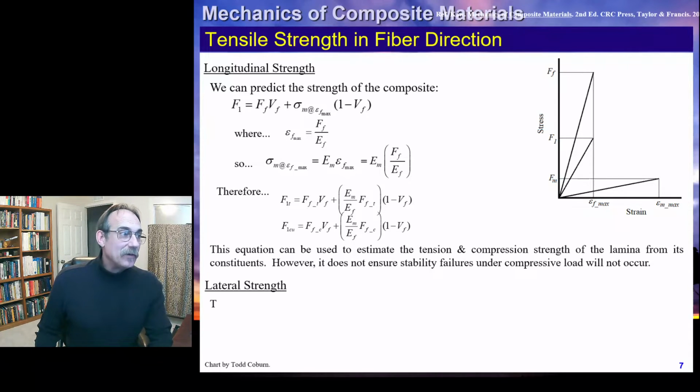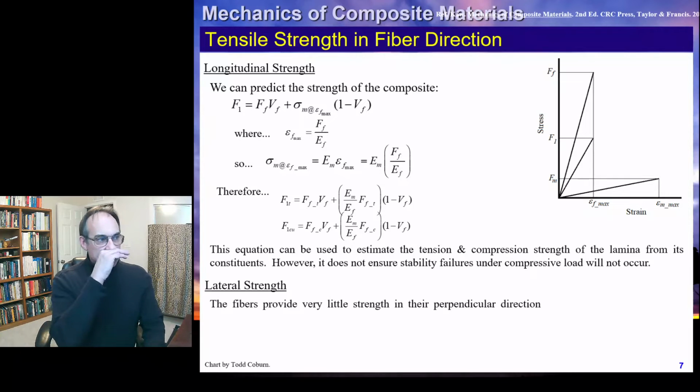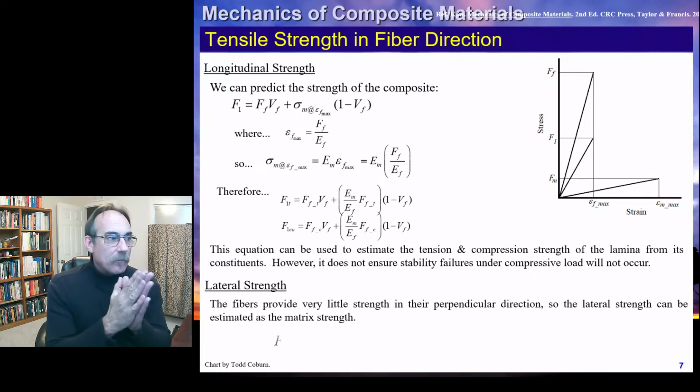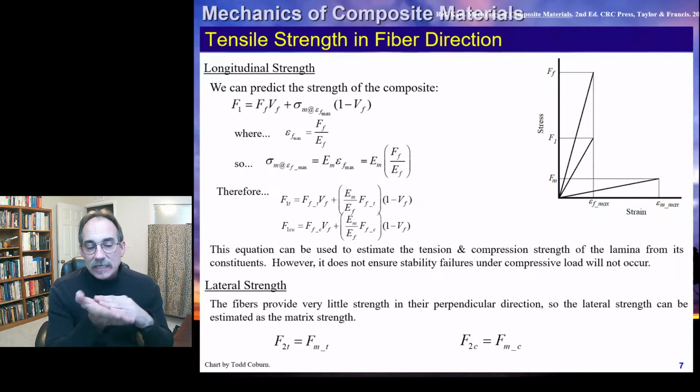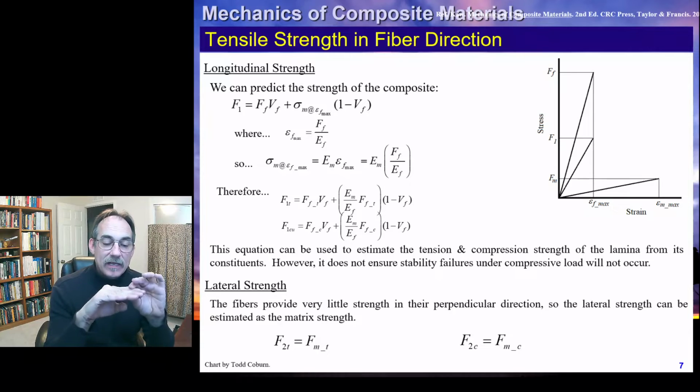Got that? Okay. Now for our lateral strength, the fibers provide very little help in the perpendicular direction, because that lateral stress for a unidirectional lamina is pulling those fibers apart, or pushing them together, which is basically working the matrix.